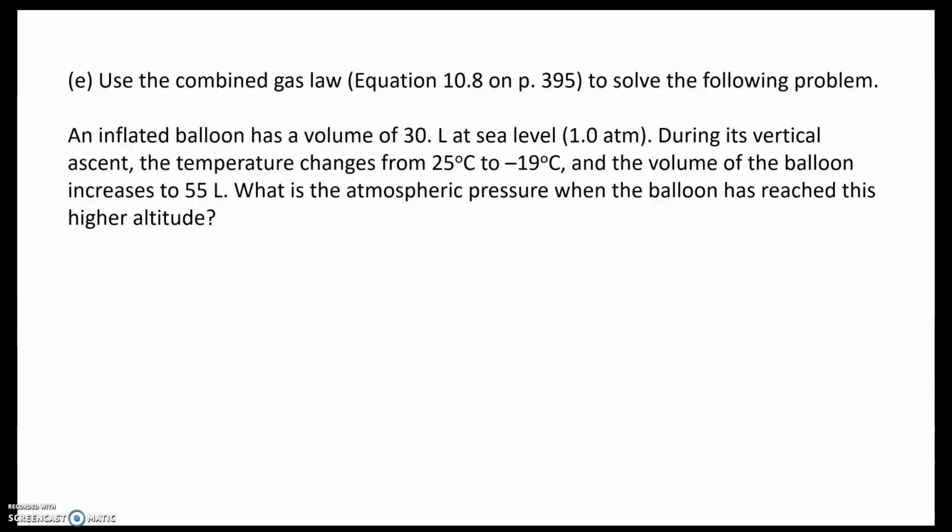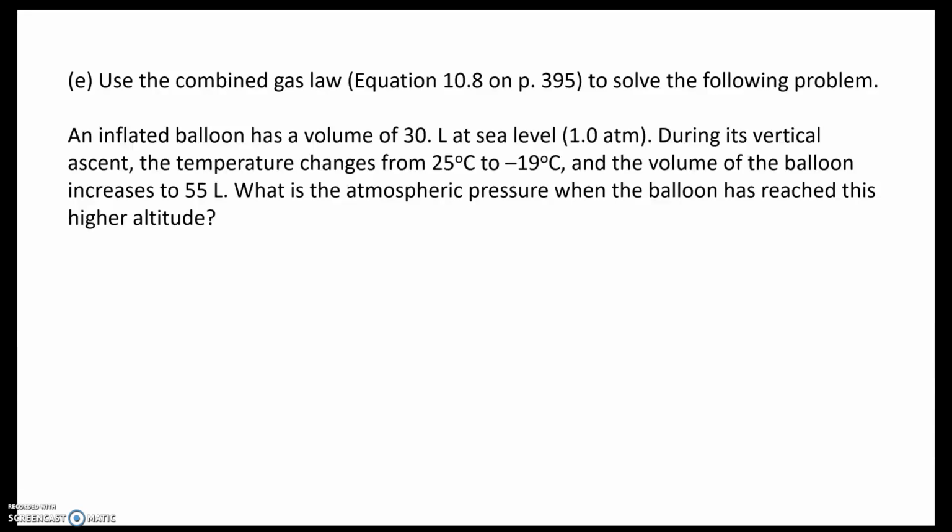All right, question E. We want to use this combined gas law to solve the following problem. An inflated balloon has a volume of 30 liters at sea level and at 1 atmosphere. During its vertical ascent, the temperature changes from 25 degrees C to a chilly minus 19 degrees C, and the volume of the balloon increases to 55 liters.